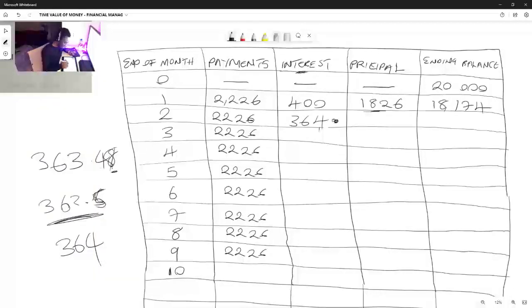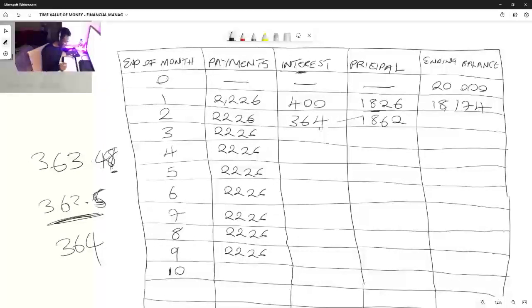All right. Now that we have this 364, we have to subtract it from 2226. So 2226 minus 364 gives us 1862 as our principal.